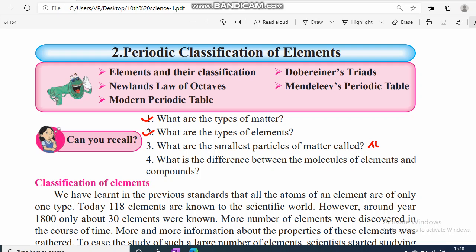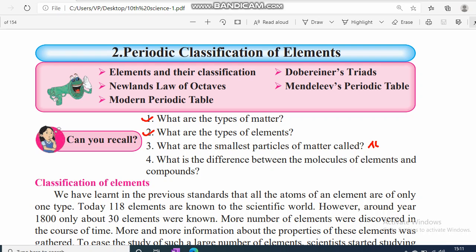Next, what is the difference between the molecules of elements and compounds? This is a very important question.